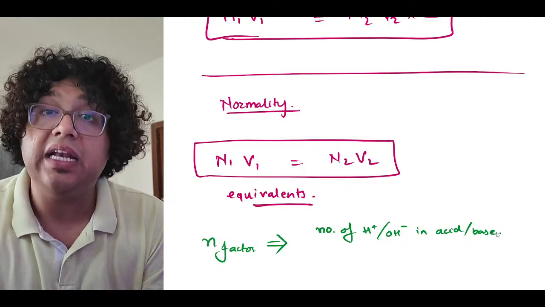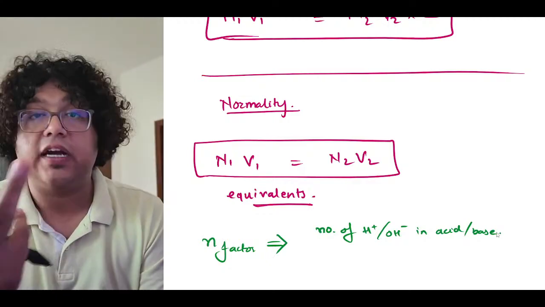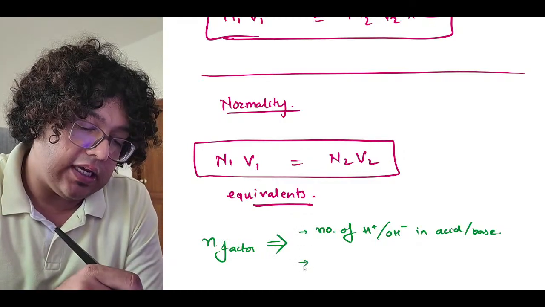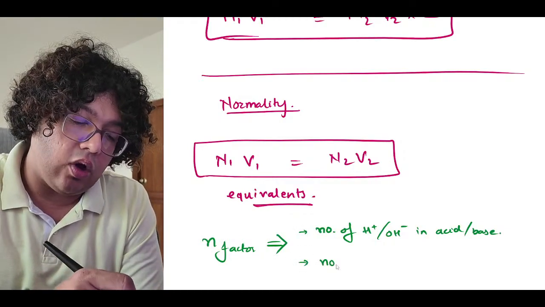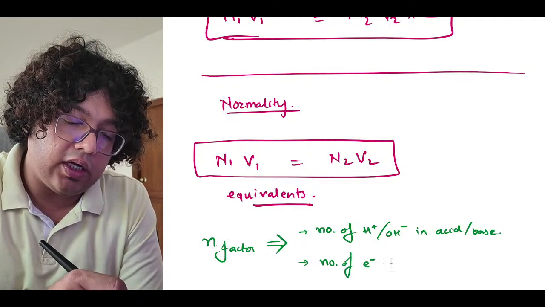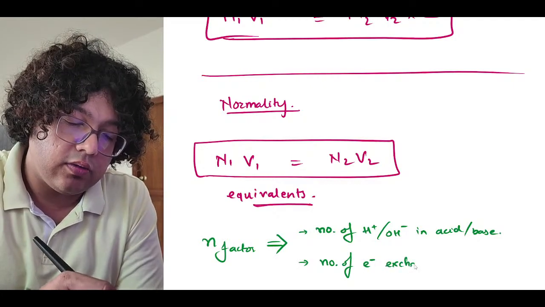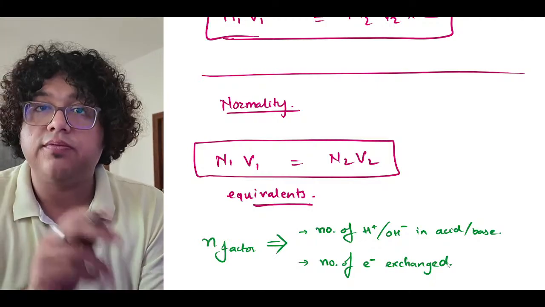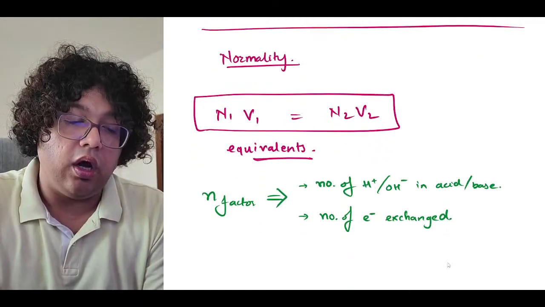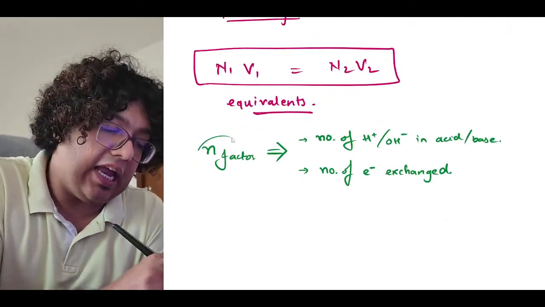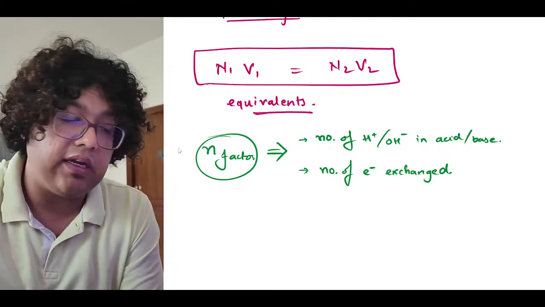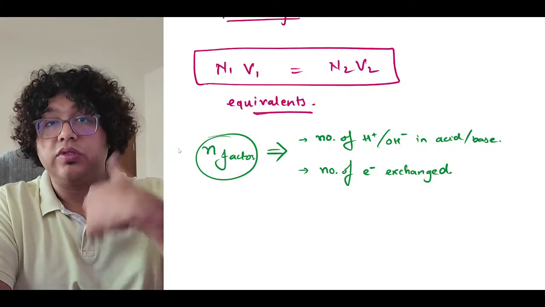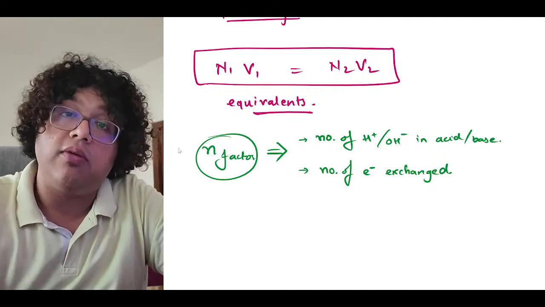If you have Al(OH)3, N factor will be 3. So this is the first thing. Second, it is dependent on the number of electrons exchanged. This is very important for us from the perspective of redox reactions, because if you are given everything in molarity, you should be able to convert it using N factor into normality.